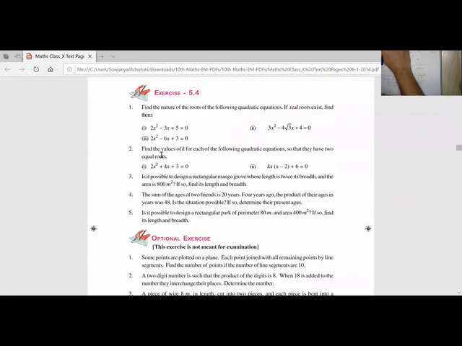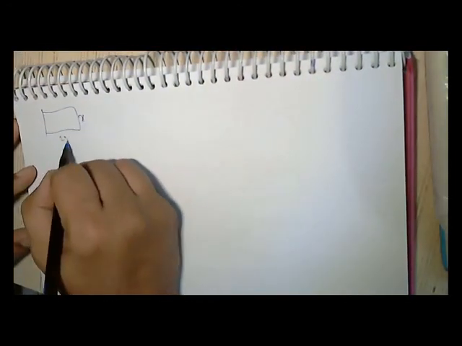So let us see. Is it possible to design a rectangular mango grove, where length is twice the breadth and area is 800? Very simple. Let breadth be x, length is 2x.